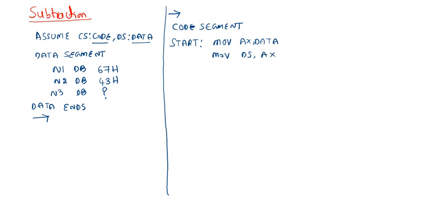Next, you need to load the first number into AL, next the second number into BL. N1 is loaded into AL, N2 is loaded into BL.